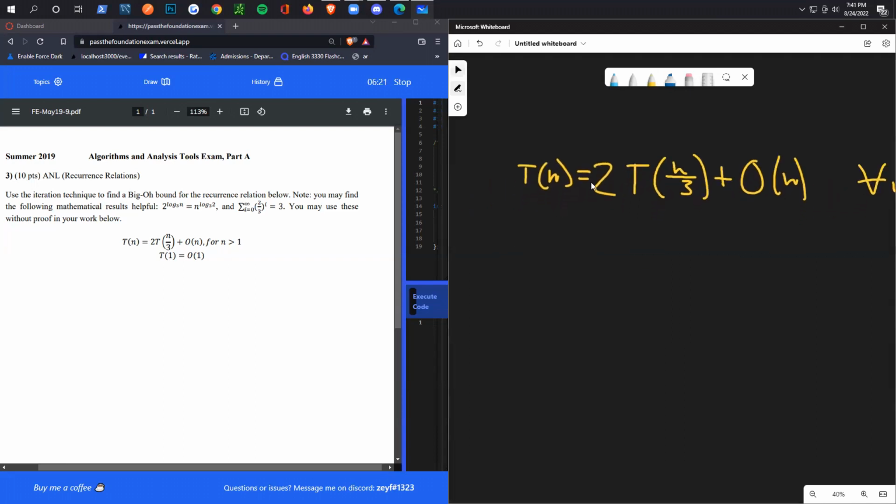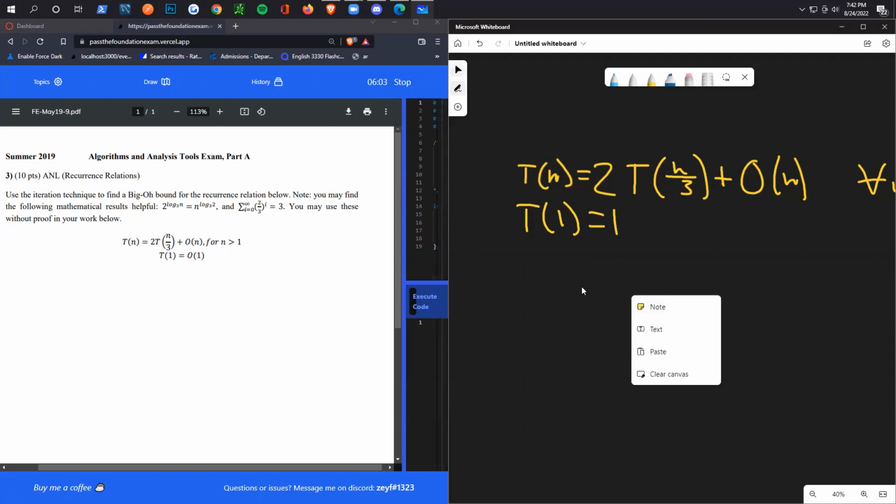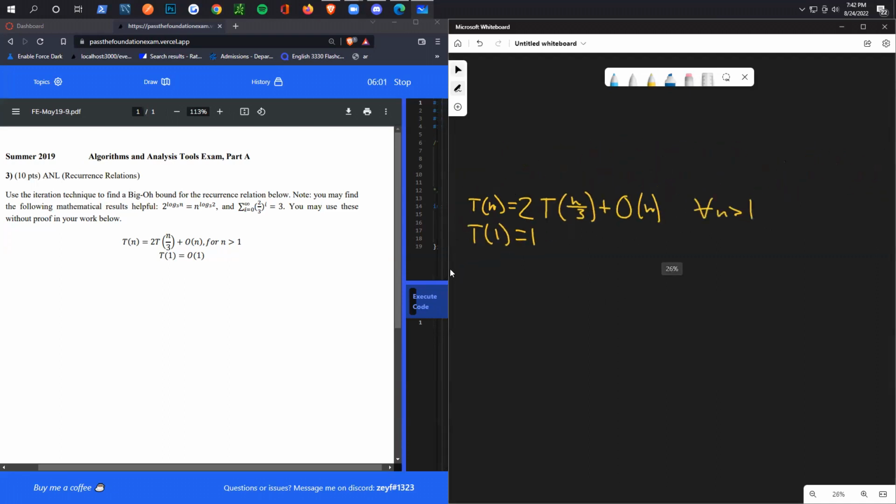But generally they're kind of easy from what I've seen. They'll ask you something like merge sort, where it's 2T(n/2) plus O(n), so it's n log n, or it might be just O(n squared), etc. So let's get started on this.